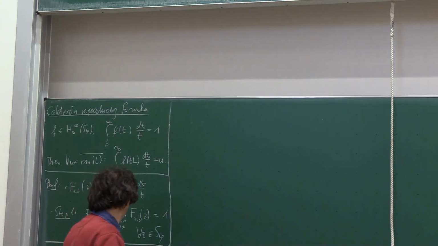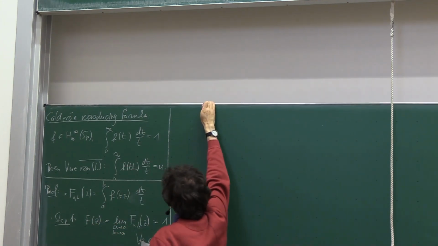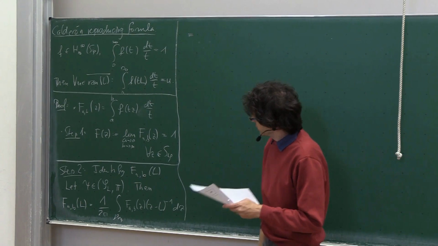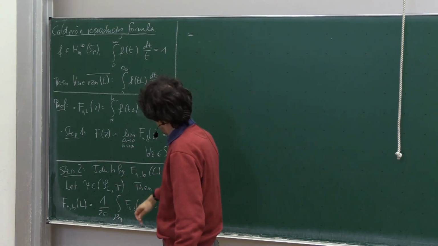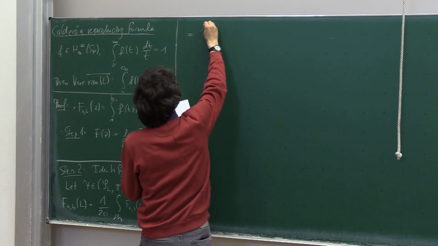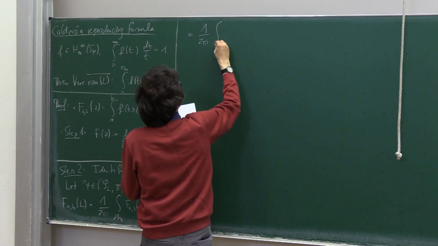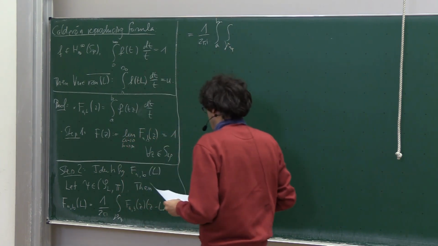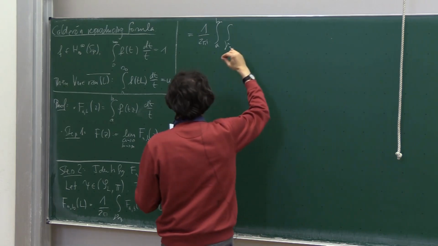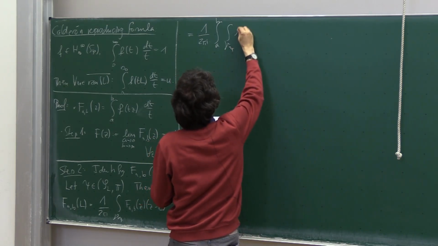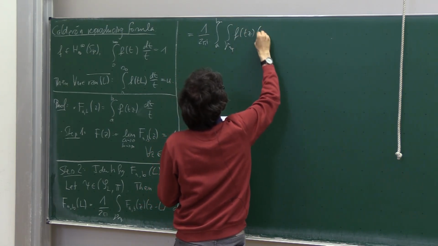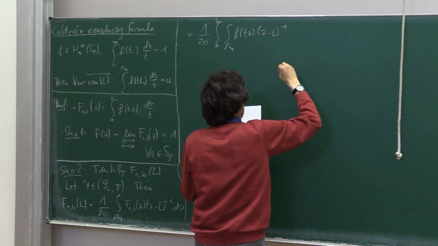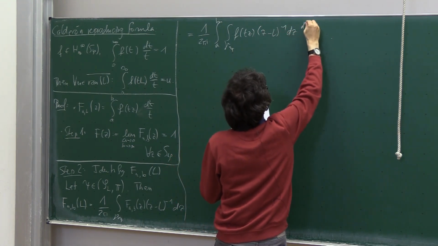And now put in the definition of F_ab and interchange the integrals. So F_ab is an integral. We interchange the integral. This gives you 1 over 2 pi i integral from a to b, integral over gamma_psi. And then there is f(tz), (z minus L) to the minus 1 dz dt over t.